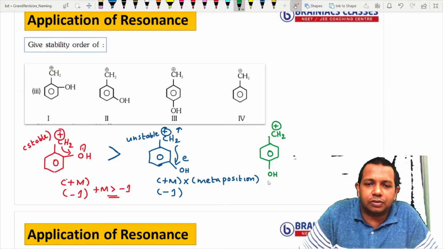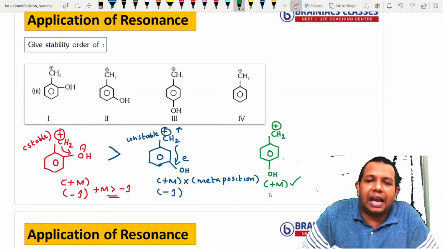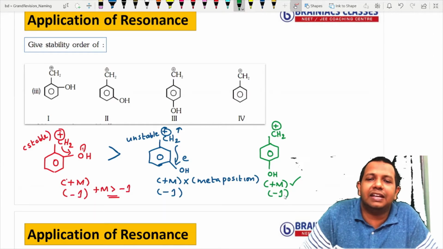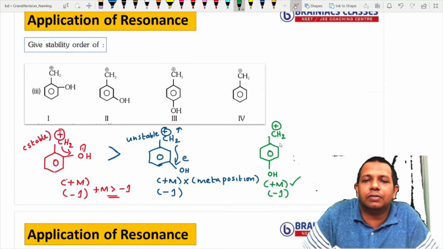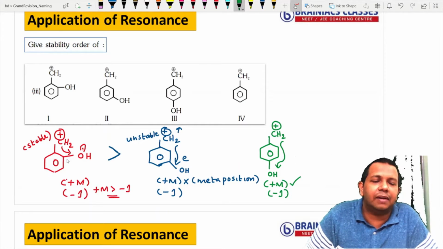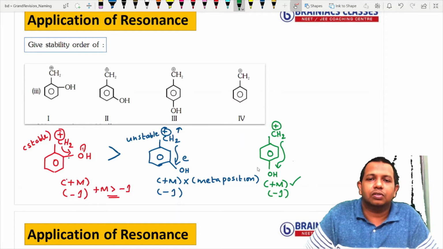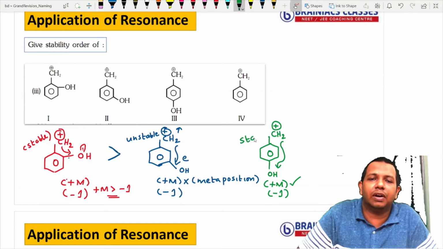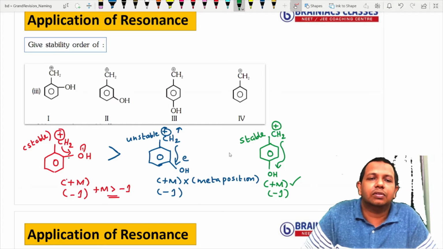At the para position, the plus M effect is applicable, and it also has a minus I effect. But here the impact of the minus I effect is less because it is far away from the positive charge. So it will attract the electron, but not like it does at the ortho position. So I can say this is also a stable one, more stable than the second one.